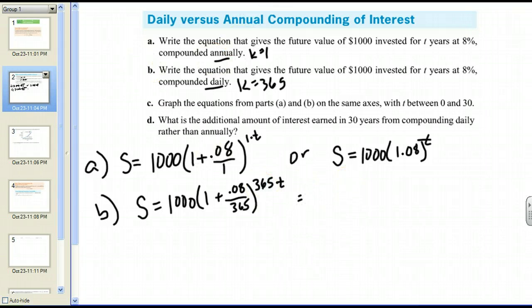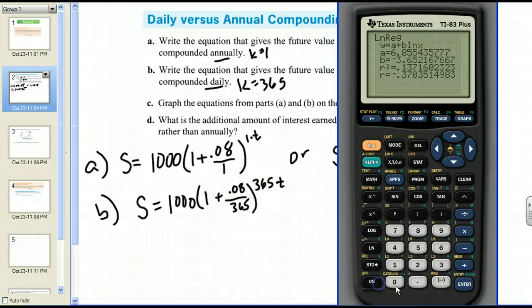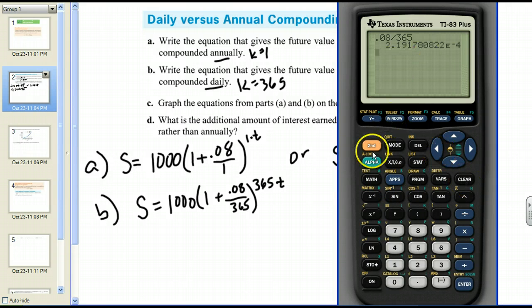And here there's actually nothing I can really do with that, because if I were to actually divide 0.08 by 365, it's a really ugly decimal that we wouldn't use to approximate that. It keeps on going, has a pattern, but it's not visible for a while, so we would just leave it like this.